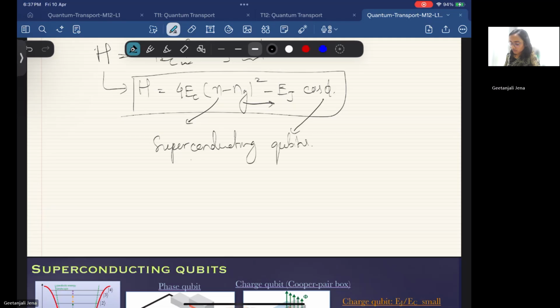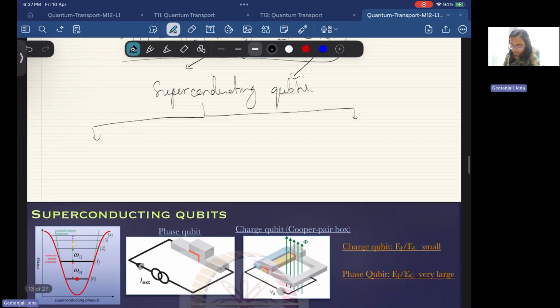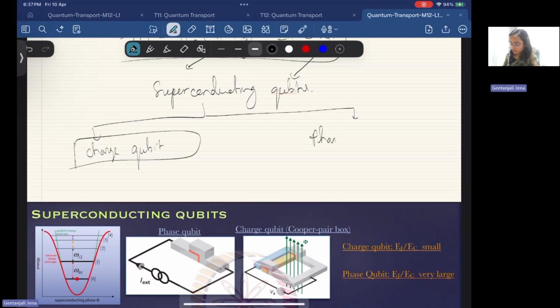First we have the charge qubit, and the next one is the phase qubit. For the charge qubit, as you can guess, the information is stored in the charge state of this Cooper pair, and for the phase qubit it is stored in the phase.